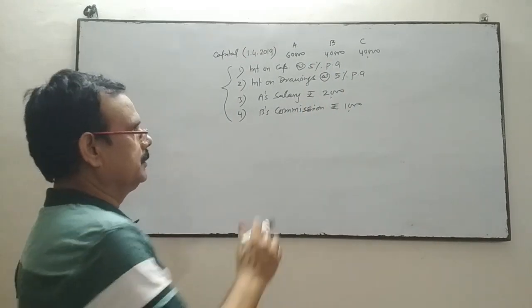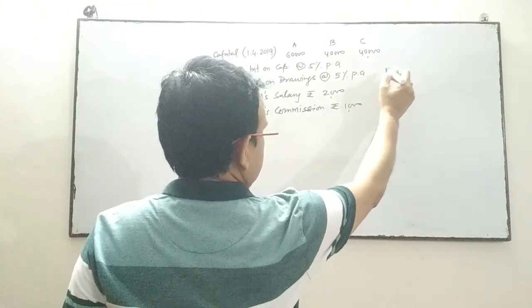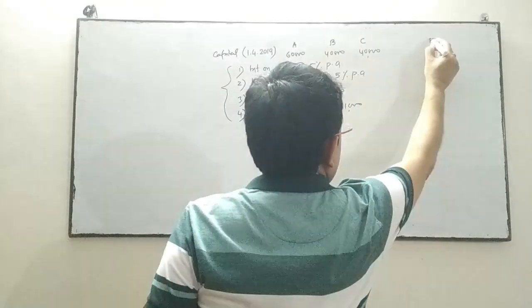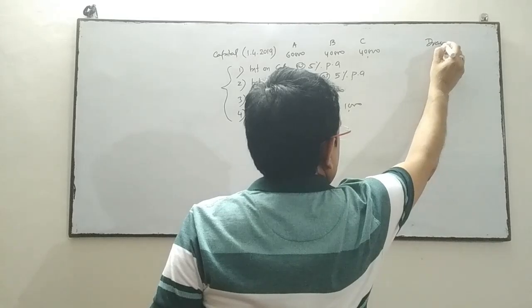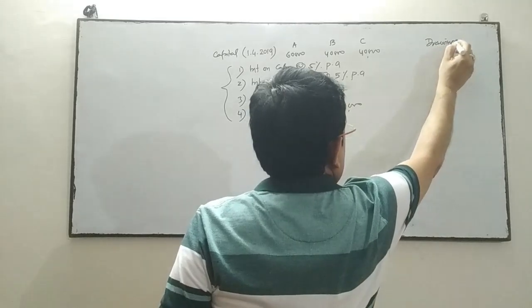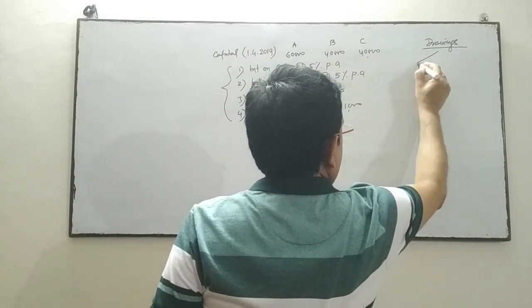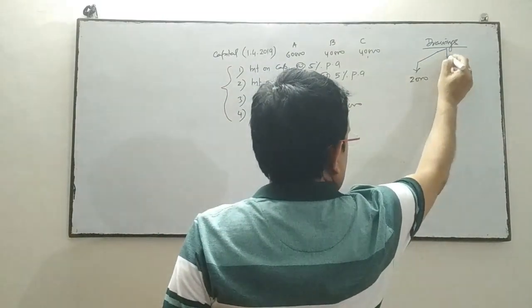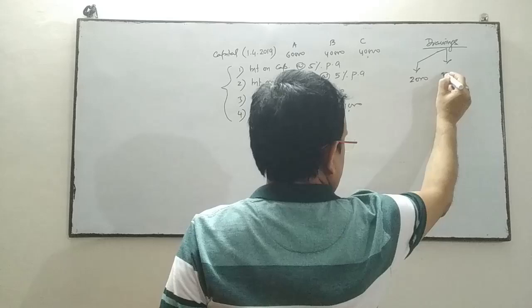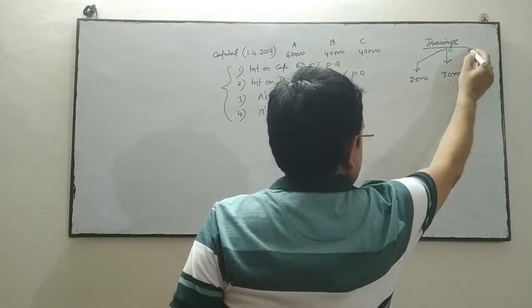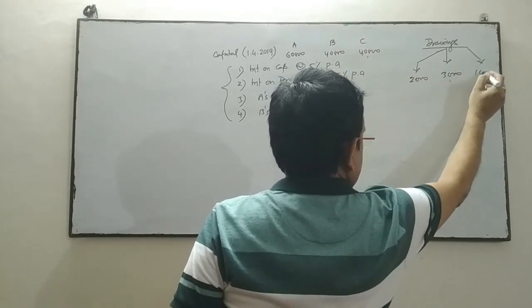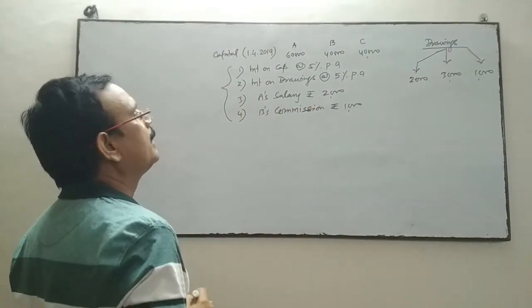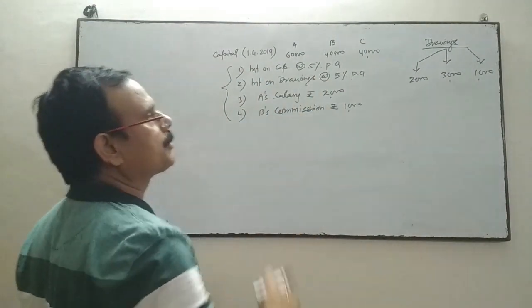Now suppose the drawings of A is 2000, drawings of B is 3000, drawings of C is 1000. Okay, and interest on drawing is at the rate of 5%.